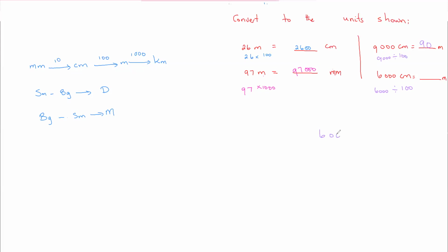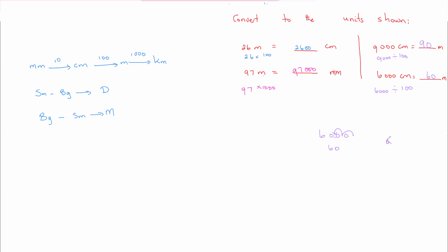So it's either you put the decimal point and move it 2 places left, so you get 60.00, but we can leave off that part and just put 60.